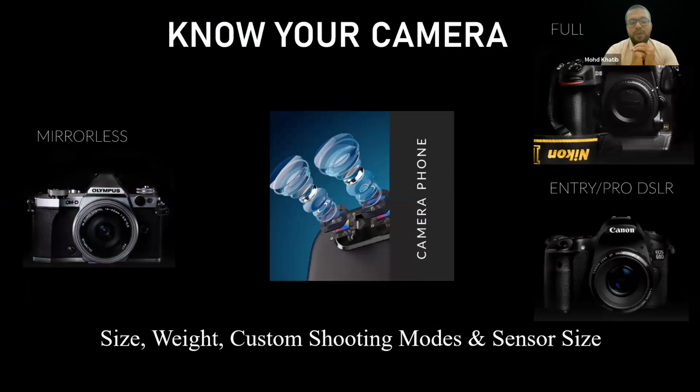So first thing, which type of camera should we buy? Either a smartphone or a DSLR, which type of camera should you buy? Many people think that we should invest in an iPhone, high flagship phones or Samsung flagship phones. It's not true. If you want to invest in a camera for photography, especially dental photography, what you have to look at is the size, weight, the shooting modes available, and the sensor size.